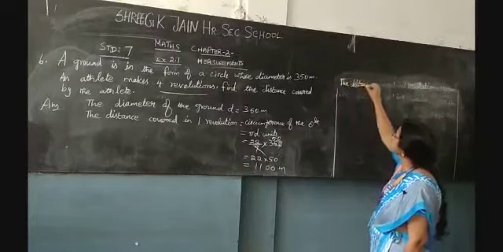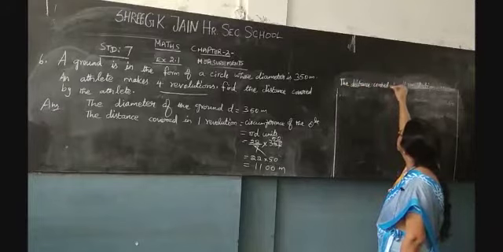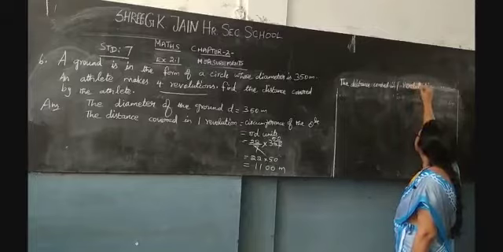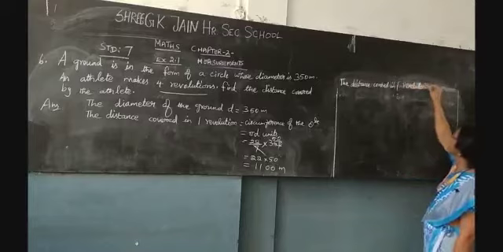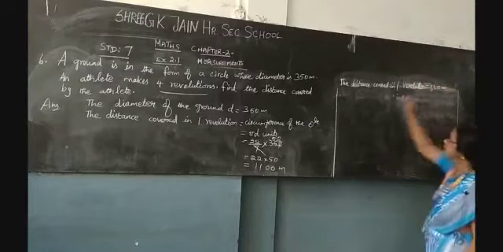Now the distance covered in one revolution equal to how much? 1100 meter.